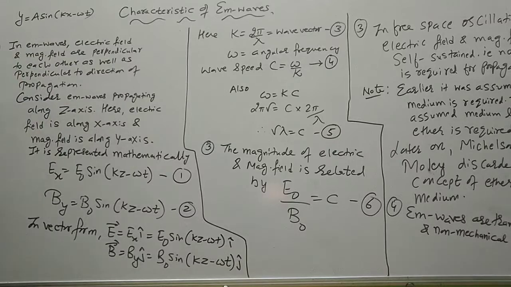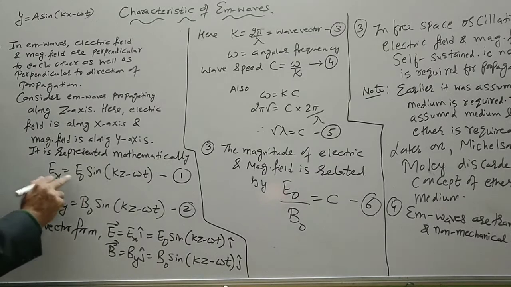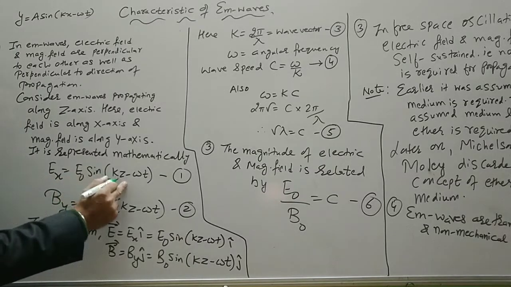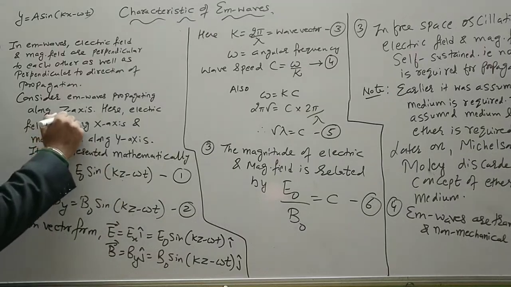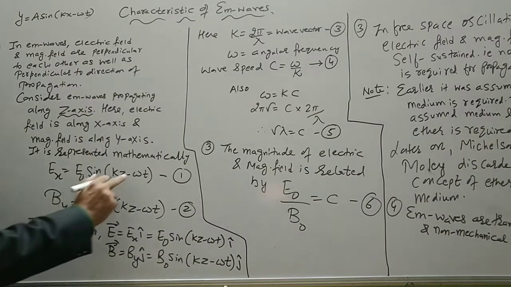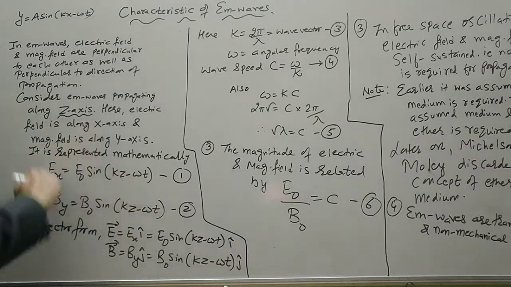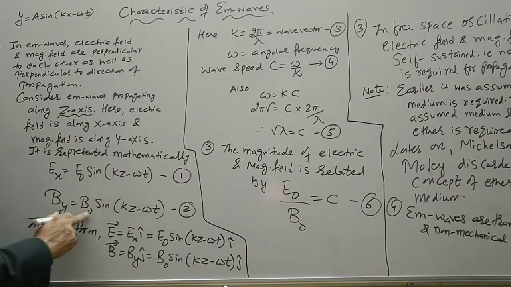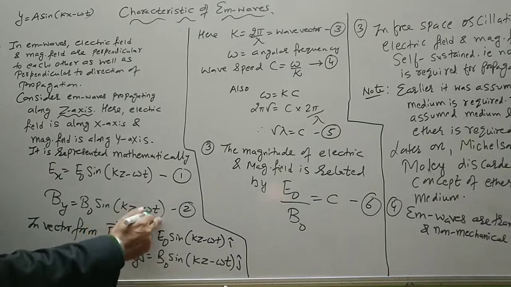There, the direction of propagation of the wave was along the x-axis, and the particles were oscillating about their mean position. Here the electric and magnetic fields are oscillating. So Ex = E0 sin(kz - ωt). Here we have z because we have assumed the wave is propagating along the z-axis. Similarly, the magnetic field is By = B0 sin(kz - ωt).